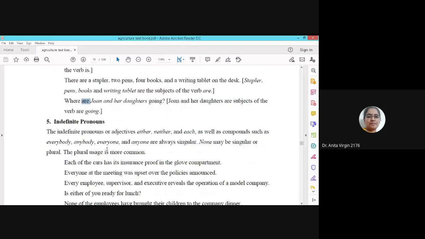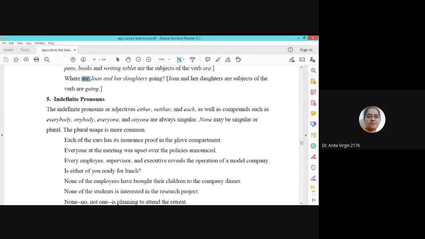Got it? Okay. Next is about indefinite pronouns. Indefinite pronouns can be pronouns or adjectives also, as mentioned here. Either, neither, each, everybody, anybody, everyone, anyone. Whenever we have all these, you should use only singular. Just take a note of it.